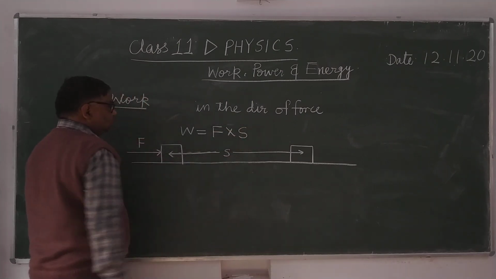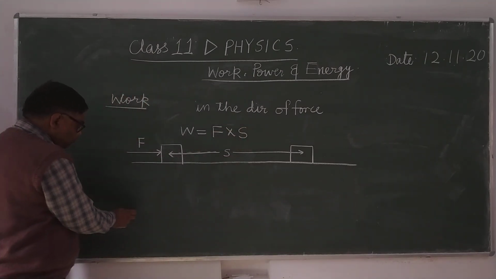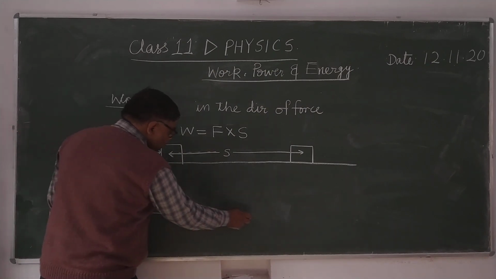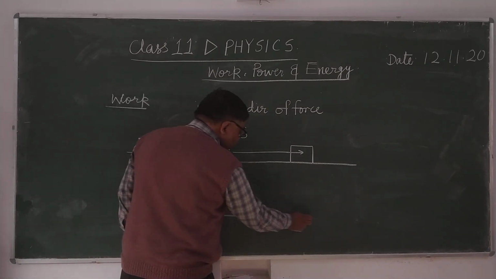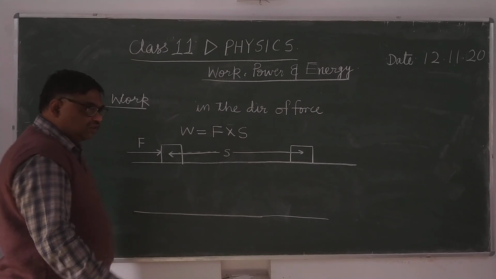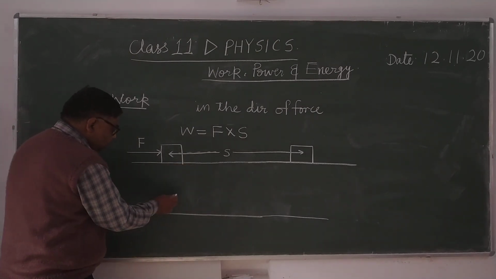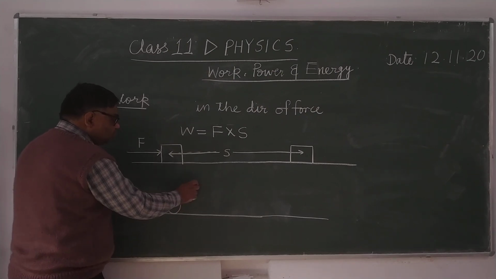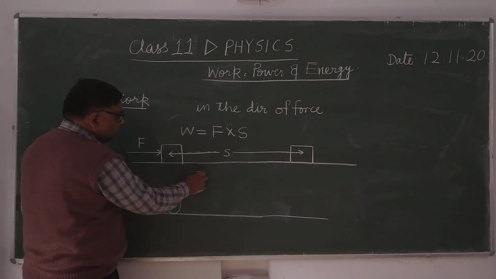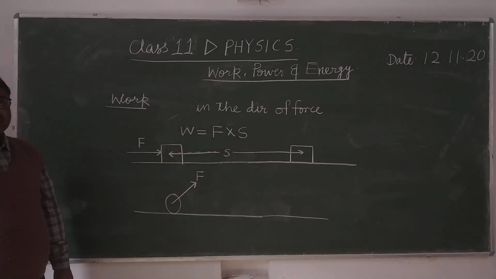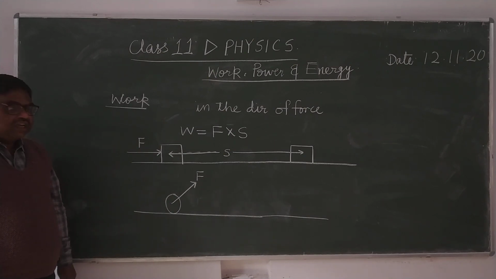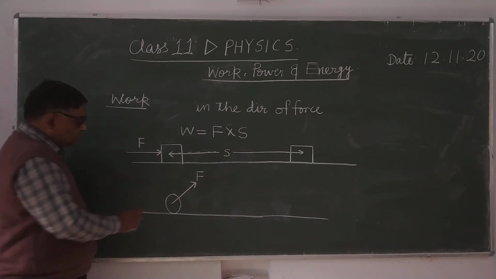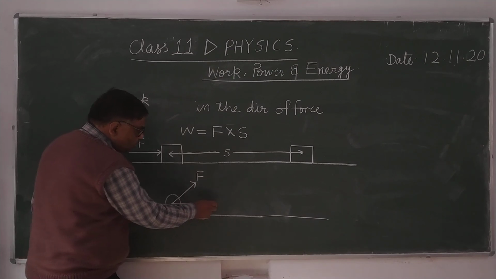But suppose force and displacement are in different directions. For example, as you know, when a roller is pulled, force is applied in the slanting direction, and displacement takes place along the ground.